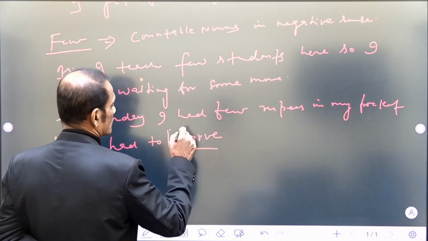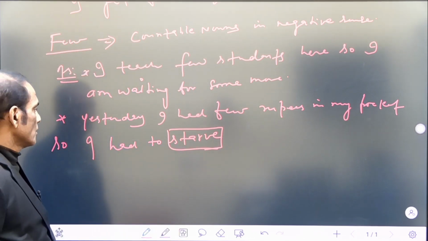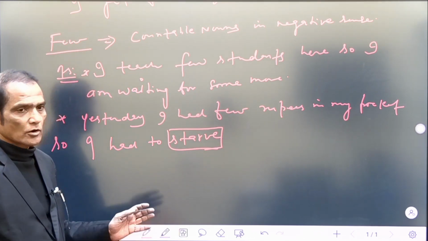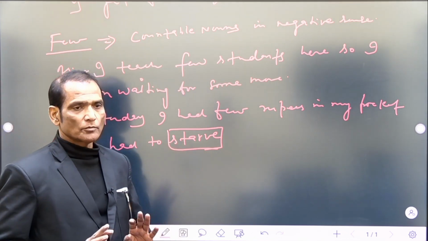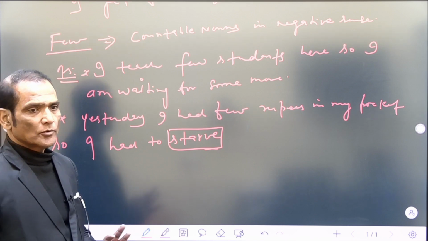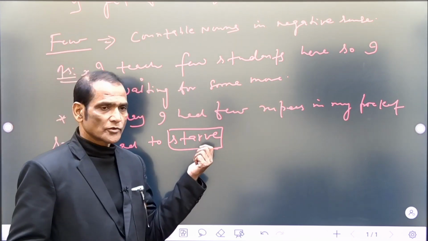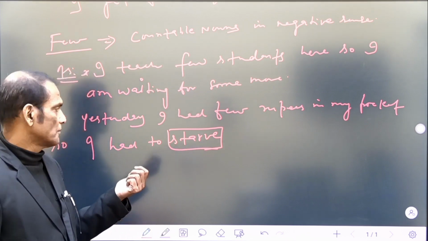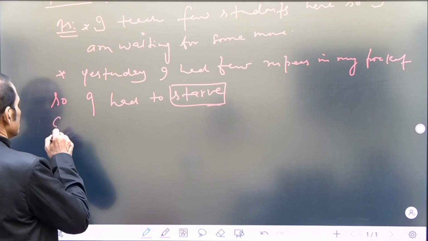This word is giving negative sense. If I write "so I had to eat a lot," that is incorrect, because starve means to have your belly empty. If you are not taking anything, it means starve. You might have heard this word. So its error point is EP.